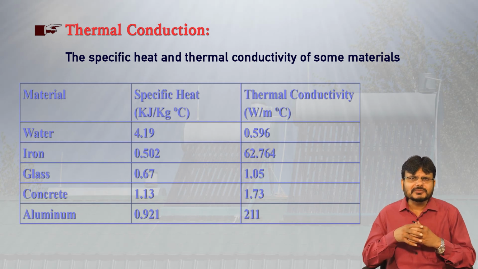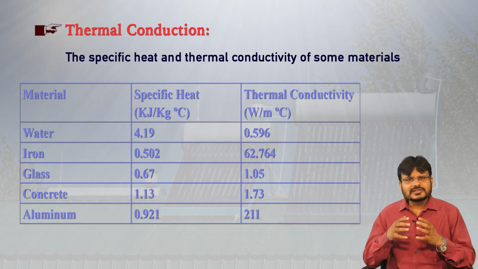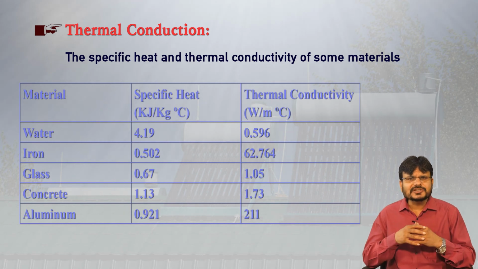Comparing thermal conductivity, aluminum has the highest, 211 watt per meter degree centigrade. So from this table you can have some idea about the specific heat and thermal conductivity of different materials. Now we will discuss energy losses in a flat plate collector.